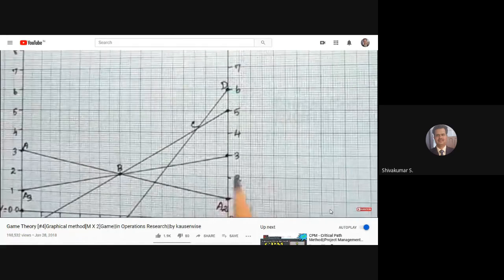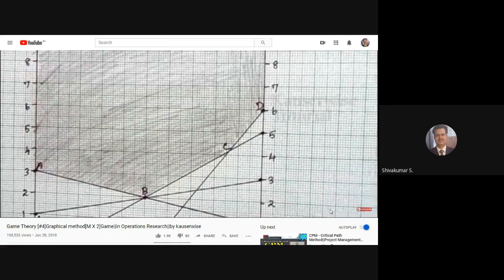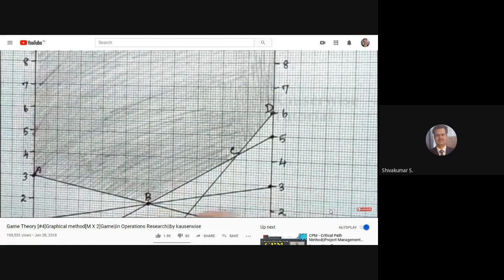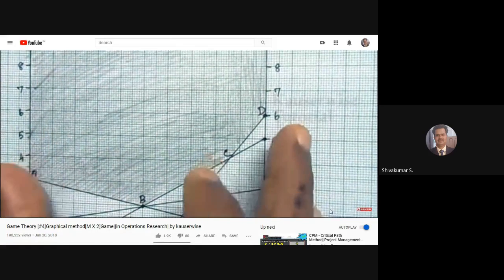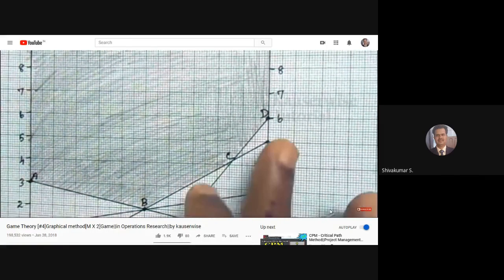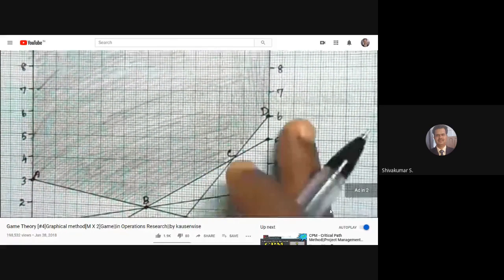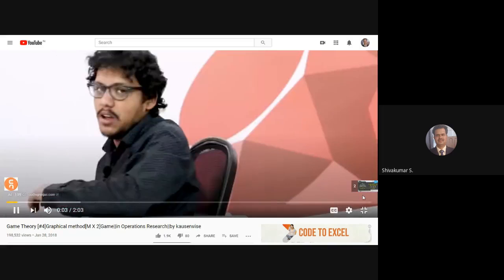Now shade the upper boundary. Look at the graph with B's payoff function. Since B is a minimax player, identify the lowest intersection point in the upper boundary of the graph. The upper boundary consists of intersection points A, B, C, and D. Out of these points, point B is the lowest.